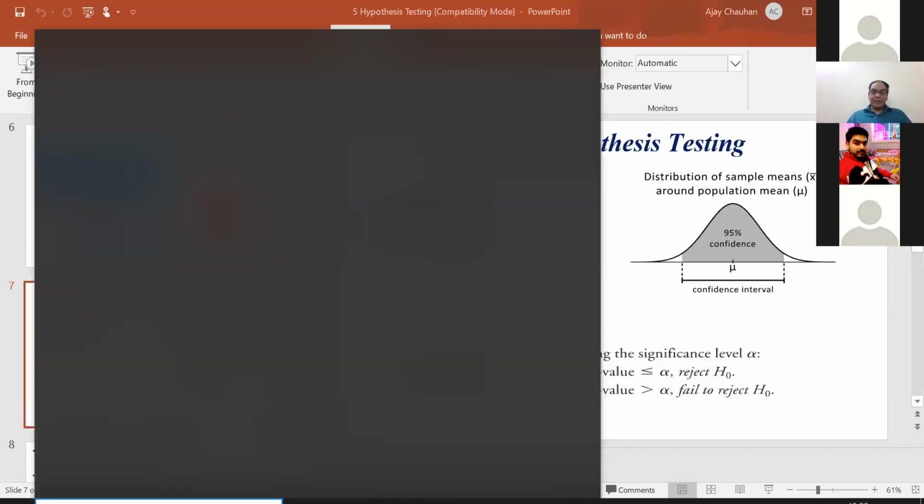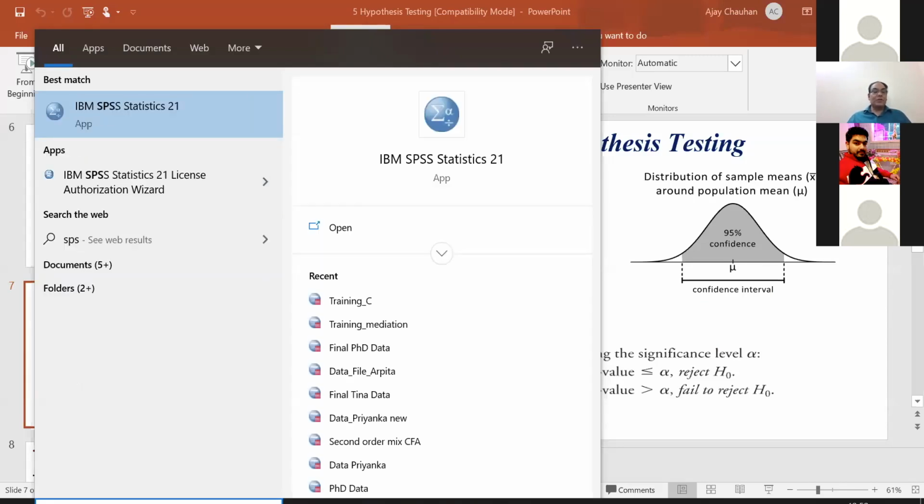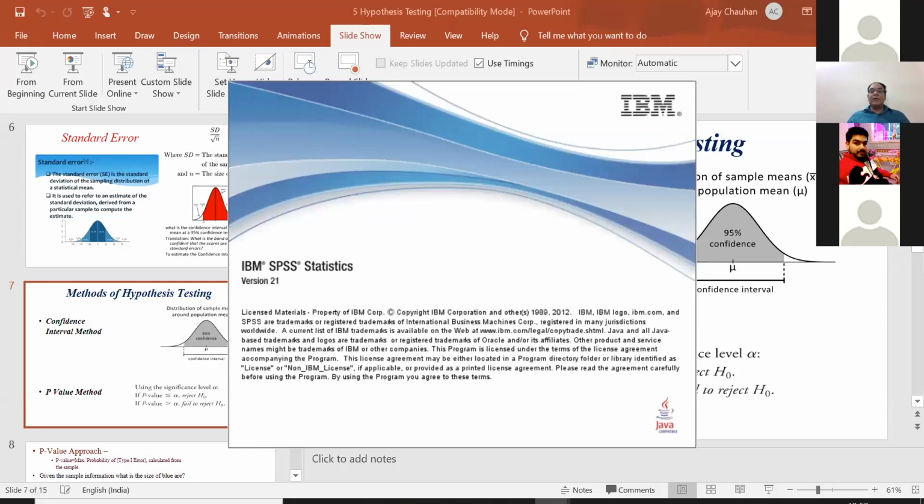Let's take the SPSS file, and I will show you these two methods. I am opening the SPSS file just to show you the difference between the two methods, because in some cases software will give you both methods, the confidence interval method as well as the p-value method.